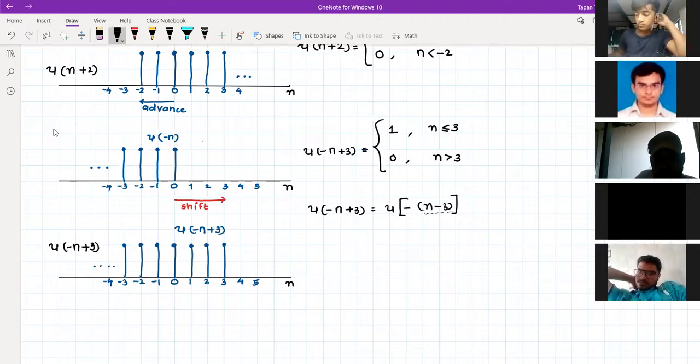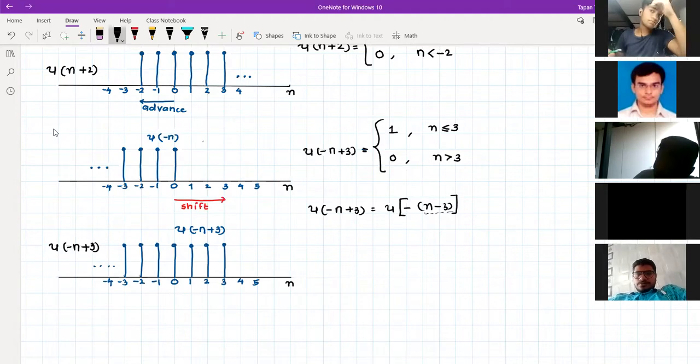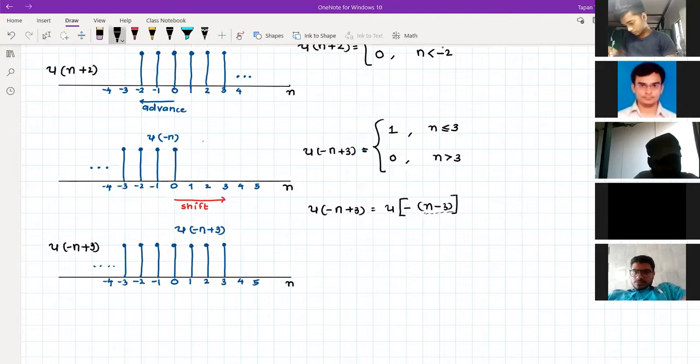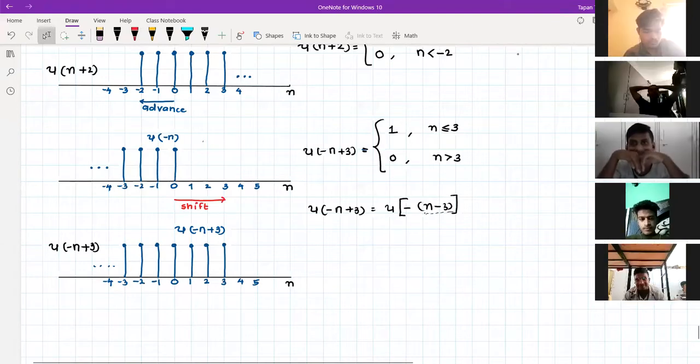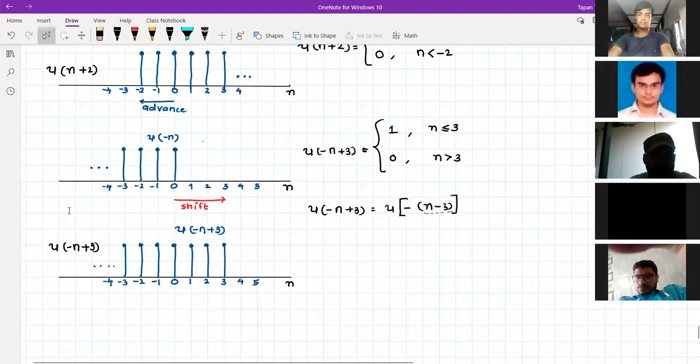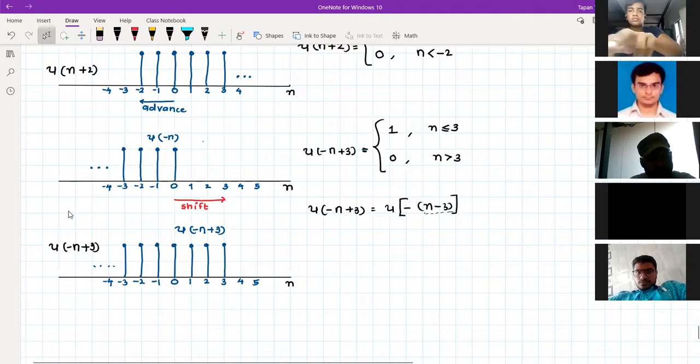So tell me, what will you get as a result of multiplication in this case?